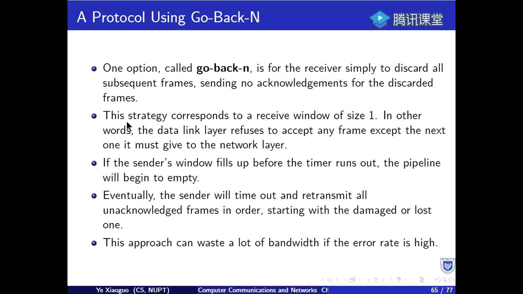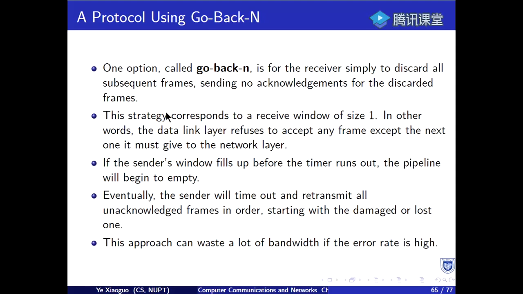This strategy corresponds to a receive window of size 1. In other words, the data link layer refuses to accept any frame except the next one it must give to the network layer.